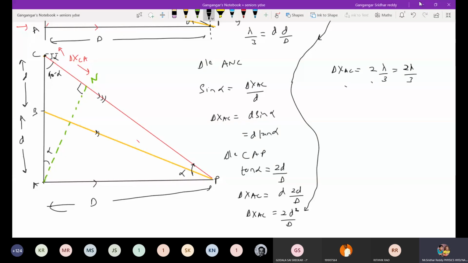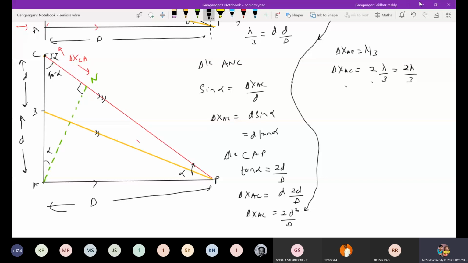Two lambda by 3. Okay, now we got some values. What to do after this? What to do after this? So delta XAB, we got lambda by 3. That's what was given earlier, no?